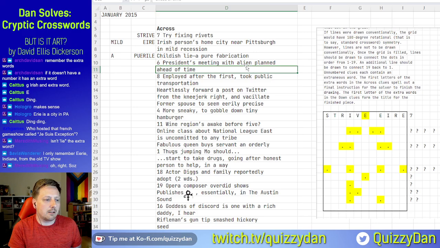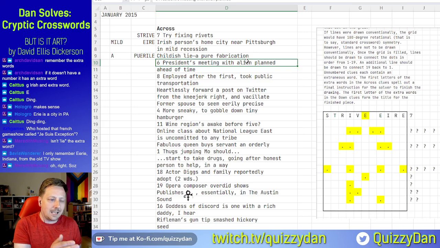I think planned is an anagram indicator. It's going to be an anagram of alien before the letter T, possibly. But alien could be E-T. So it could be E-T and then another T. Oh, hang on. Is there a blank E-T-T? Taft? Ends in a T? Other presidents that end in T. Not sure. Going to move on to 8.